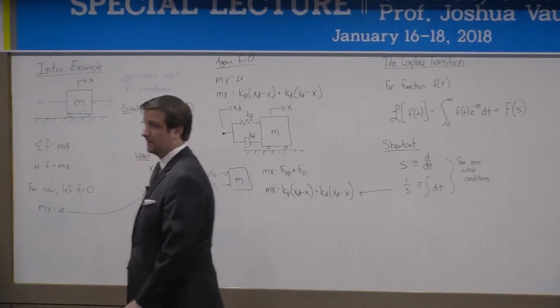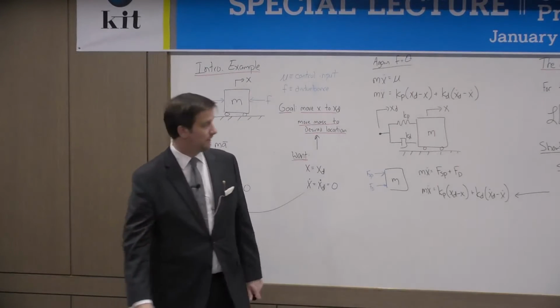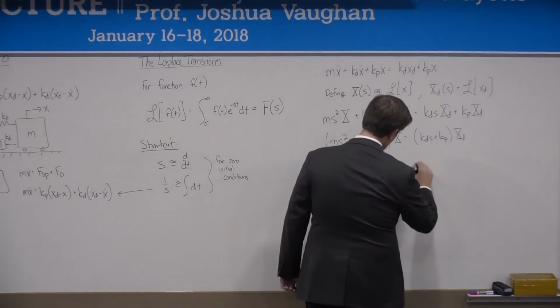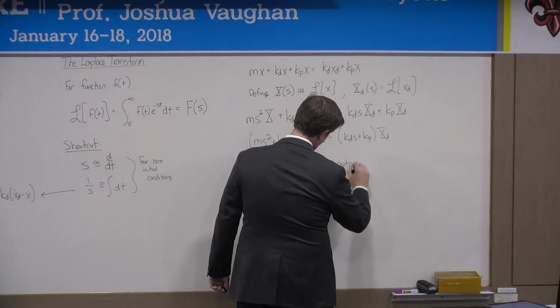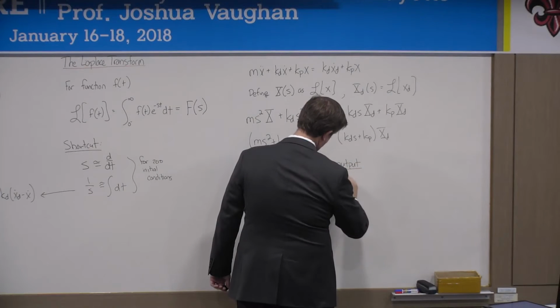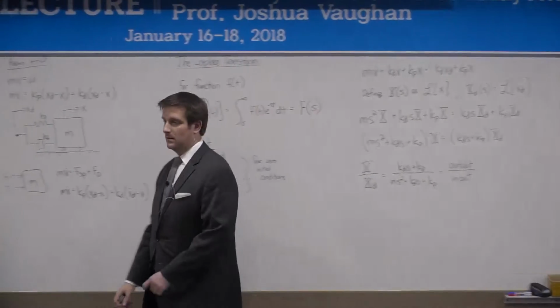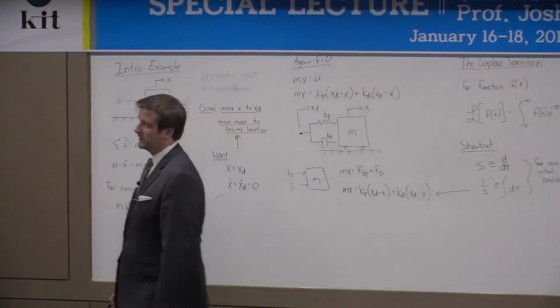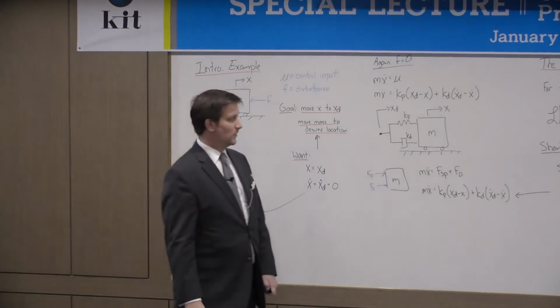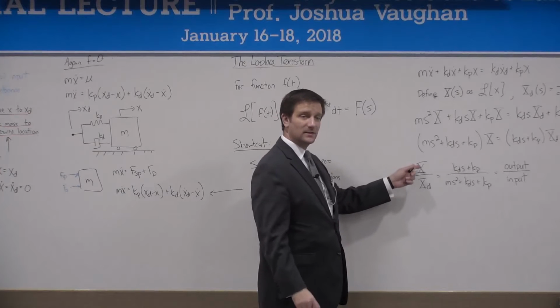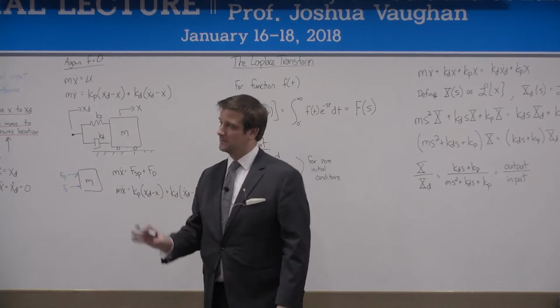Something like that instead. Okay. And what this basically is writing is the ratio of output to input. Right? So given some kind of xd, what does x, the position of that mass, look like?